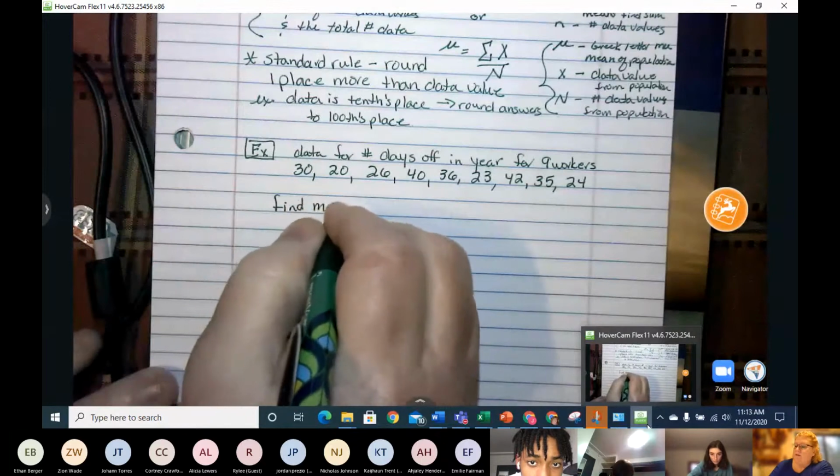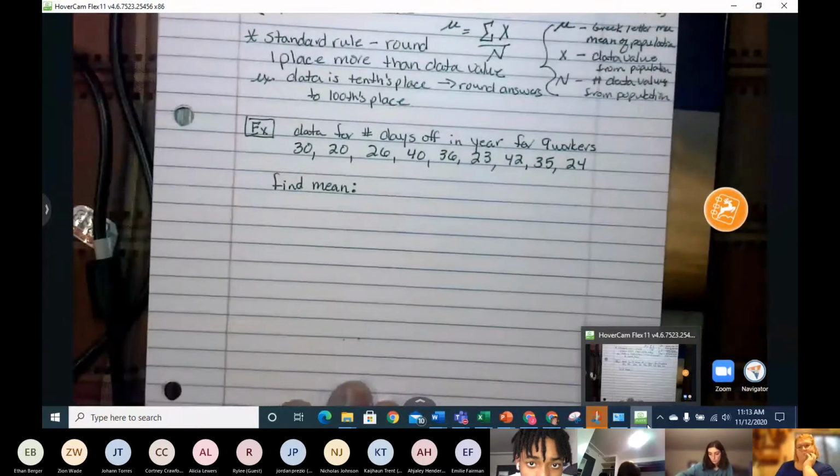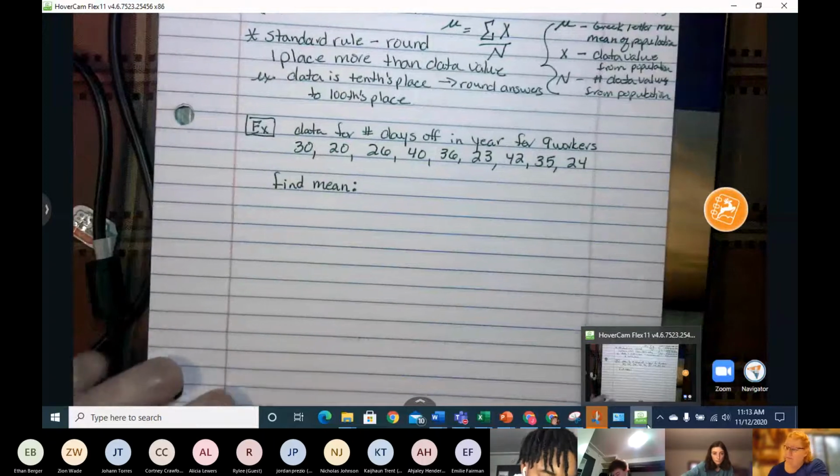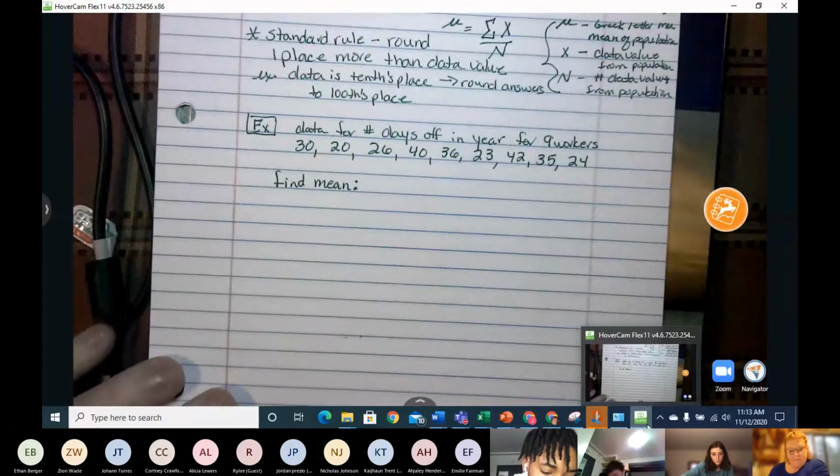And we want to find the mean. I'm not as concerned about whether this is population or sample, but we're going to consider this a sample set of data.